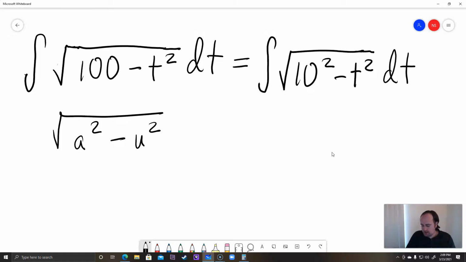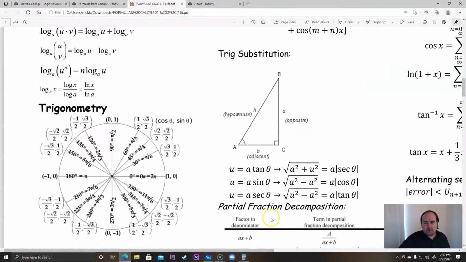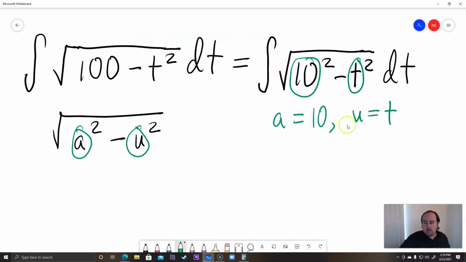Okay, so here a is actually going to equal 10, and u is t. So with that information, we're going to go ahead and make the substitution. The square root of a squared minus u squared means we use u equals a sine of theta, which is the same as t equals 10 sine of theta.